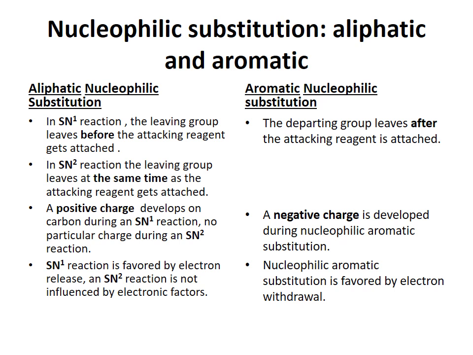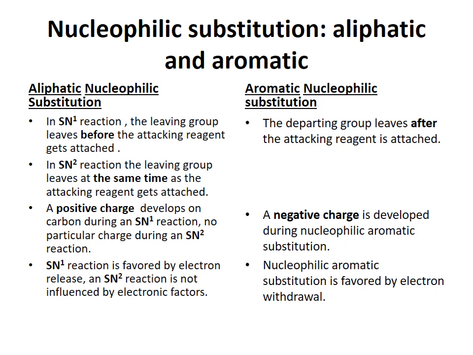In SN1 reaction, the leaving group leaves before the attacking reagent gets attached. That results in the formation of a carbocation, a two-step mechanism. And in SN2 reaction, the leaving group leaves at the same time as the attacking reagent gets attached.